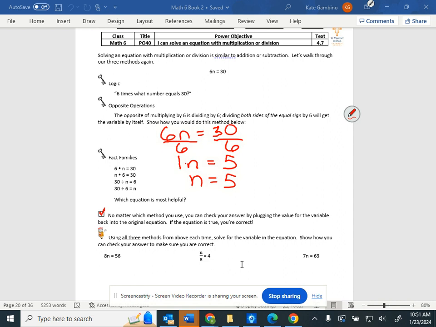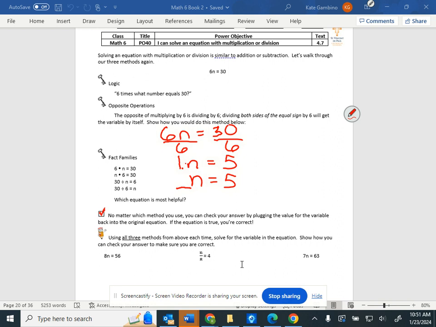We don't have to multiply it by 1 because it equals the same. So when you see a variable with no number in front of it, what number do we know is there? The 1. We don't put a 1 in front of the n because we don't have to. As we're now starting to work with variables, if you see a variable with no number in front of it, we know that number is a 1.